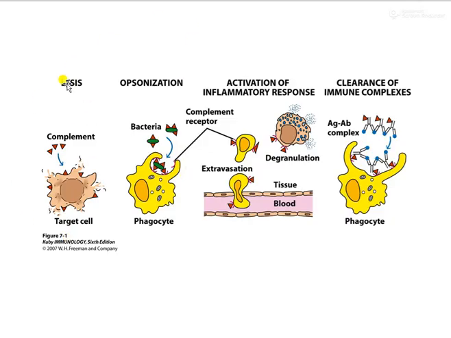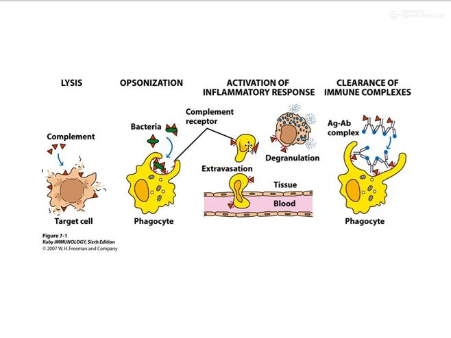So we can see the lysis here, this red color is the complement. If you have a particulate antigen, the complement will come and bind onto that and cause lysis of the target cell. And when an antigen antibody complex is formed and the complement binds onto the phagocytic cells, the bacteria is there, and opsonization is carried out.